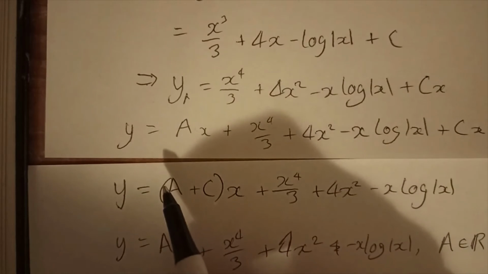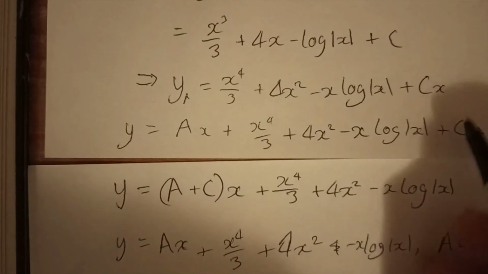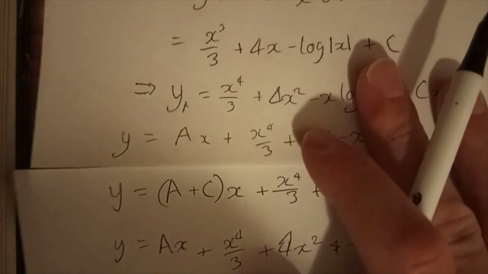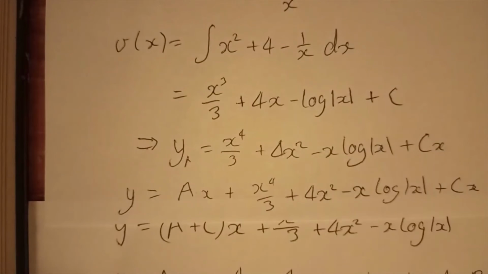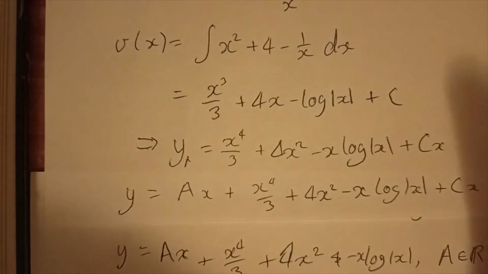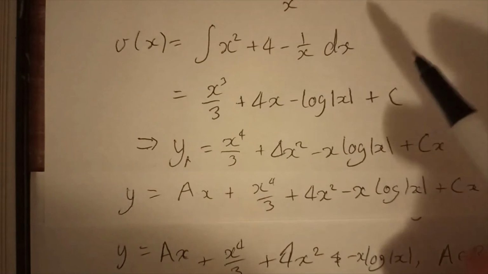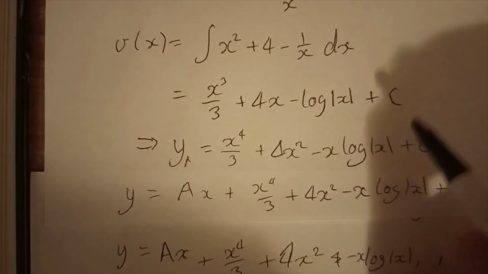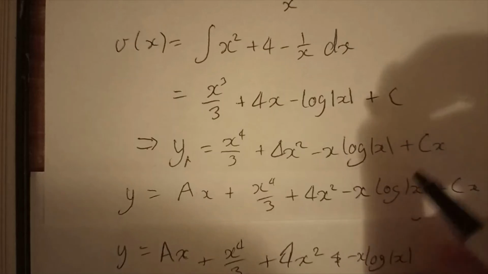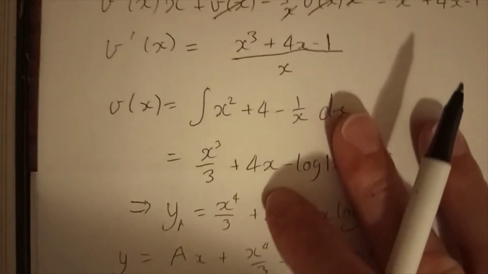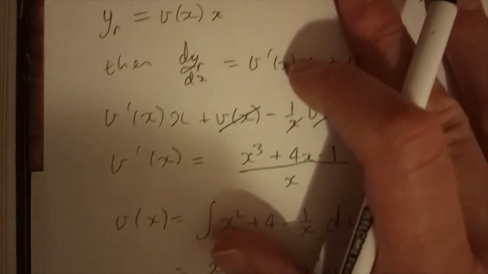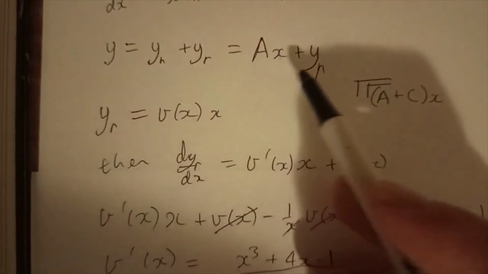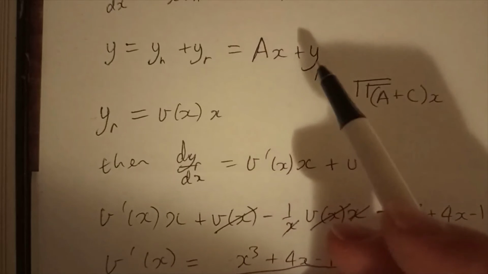We don't really need to keep this cx, and therefore we don't need to have that c in the v of x, because adding this integrating constant will just give us a function that's equivalent to the general solution to the homogeneous equation, which is already in our solution that we've defined, y equals ax plus yp.